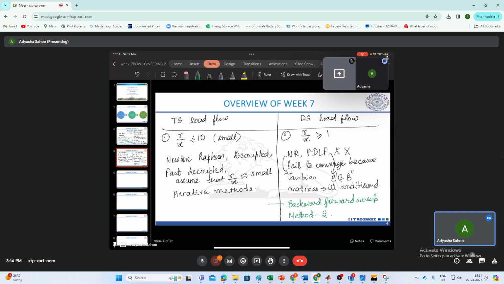For the backward forward sweep algorithm, the output will be both the voltage magnitude and the angle delta. But for method 2, we'll see that the output will only be the voltage magnitude. There will be no delta here. So if you want to only monitor the voltage magnitudes, you can use method 2.